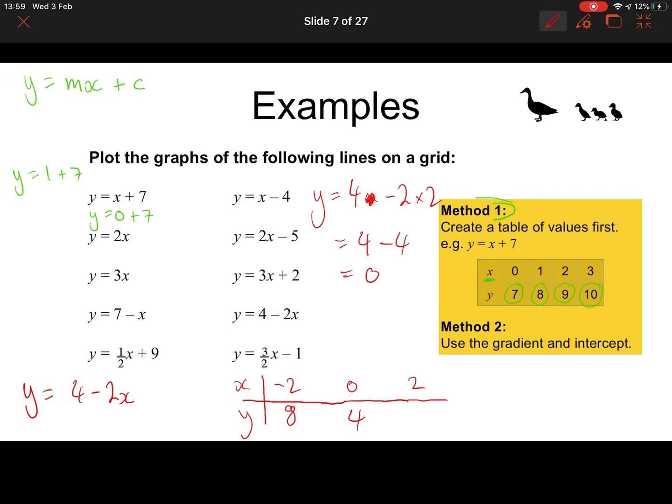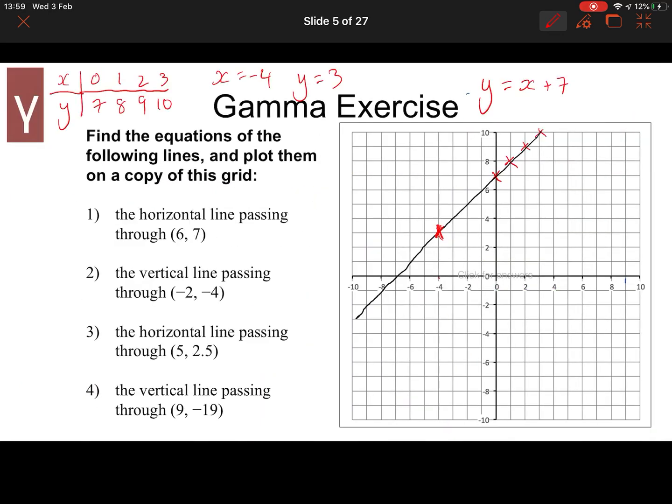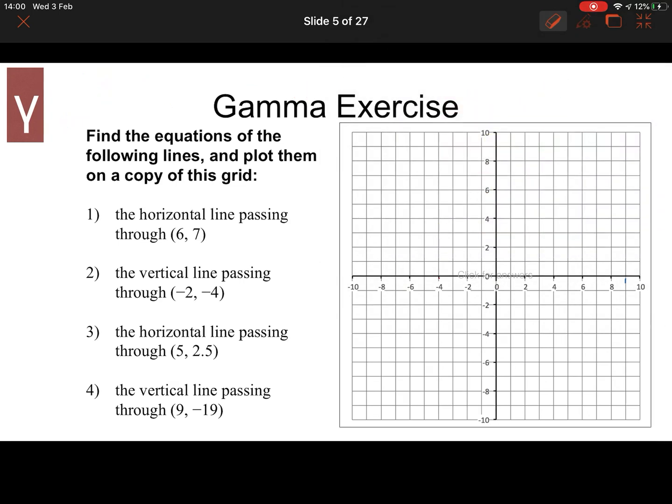So BIDMAS says do multiplication first, which is 2 times 2 is 4. So 4 minus 4 is equal to 0. So if x is 2, y is equal to 0. Okay, let's just go back to the grid. Let's just delete all this.